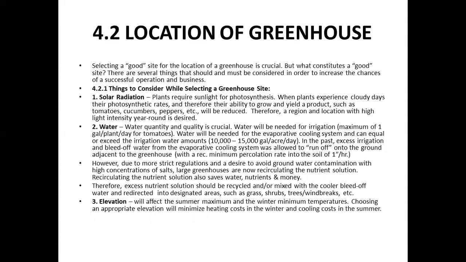There are many factors we are going to study. The first factor is solar radiation. Plants definitely require photosynthesis for their day-to-day production power or energy, so they require maximum sunlight from the sun.